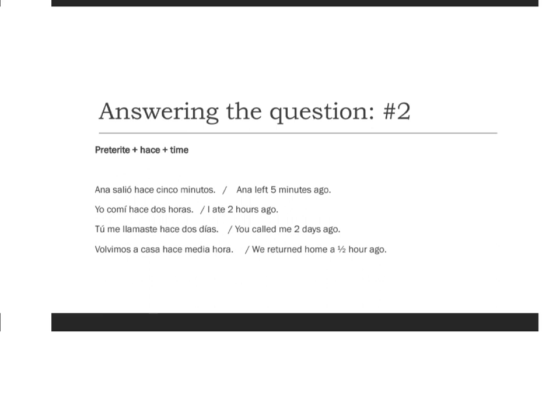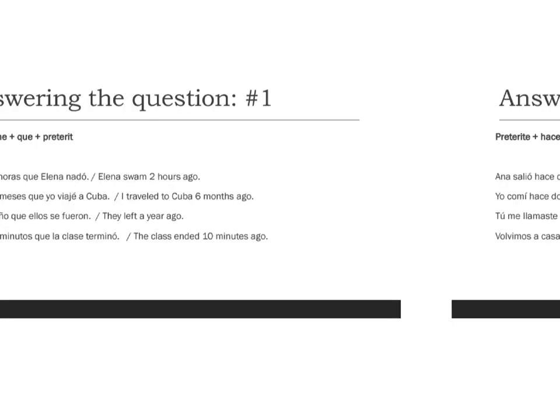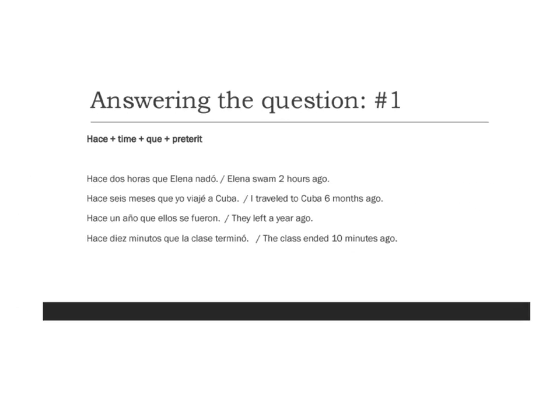So you can just see, you just kind of change the order of the words a little bit. But we will mostly just be focusing on answering the question with this first way. The second way, though, you might see that on a reading comprehension or something like that. So it is just important to be aware of both of the ways that you can word the answer.